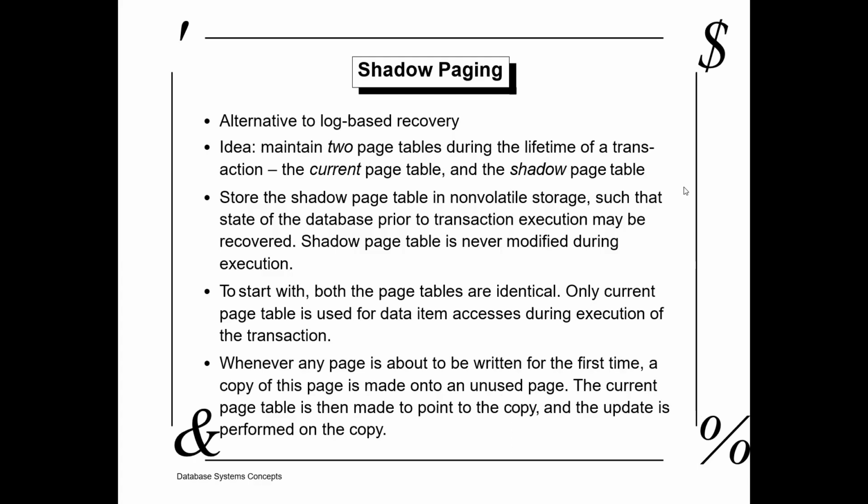We are going to store this shadow page table in the non-volatile storage. I just now explained what a non-volatile storage is. The shadow page table is stored in the non-volatile storage, and the current page table is stored in the volatile storage.